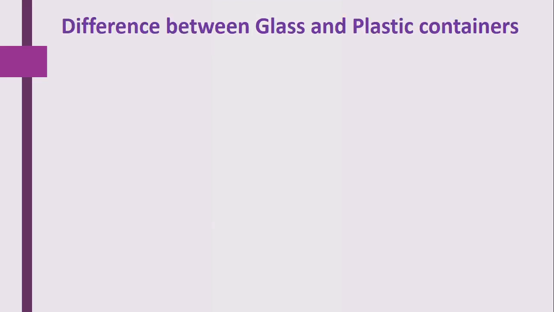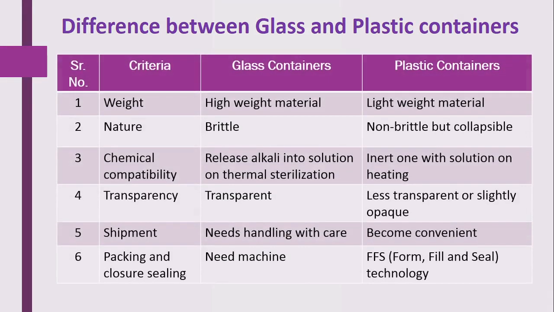So let's move forward. Here we will see the difference between glass and plastic containers. This difference is categorized under some parameters or criteria: nature, chemical compatibility, transparency, shipment, and lastly packaging and closures.